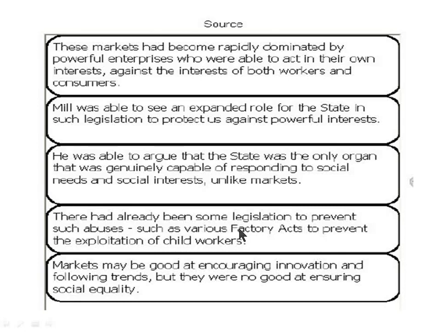Mill was able to see an expanded role for the state in such legislation. By legislation we mean laws. In this they have mentioned the Factory Act, so this paragraph is the next one. Mill was able, and this is the last one. He was able to argue. So this is how we'll rearrange the paragraphs, by looking at the connectors.